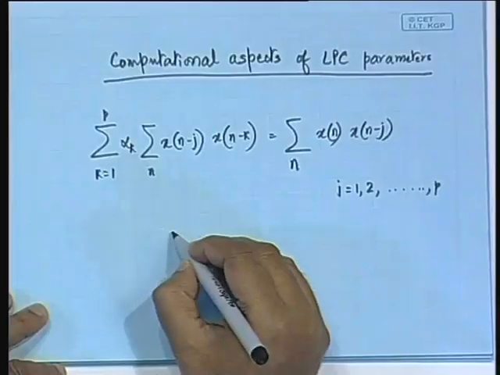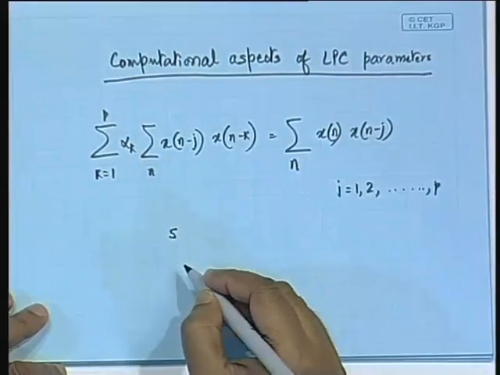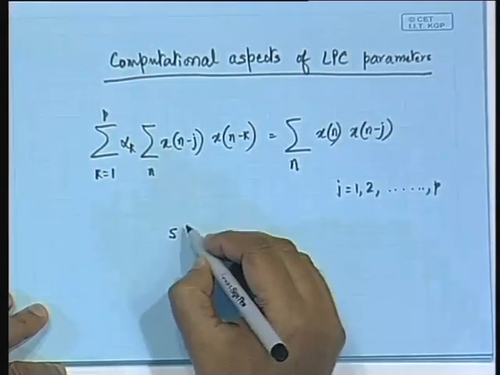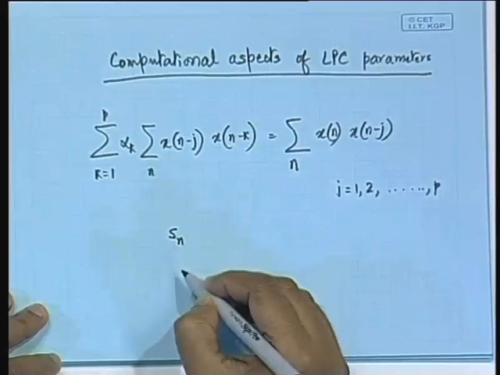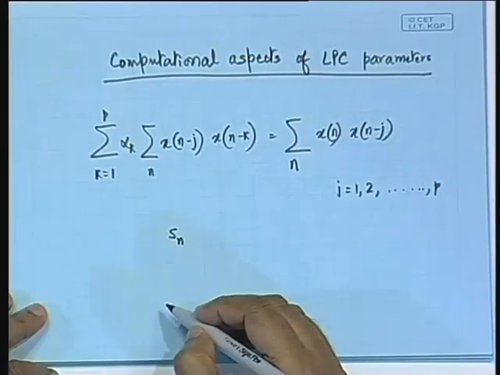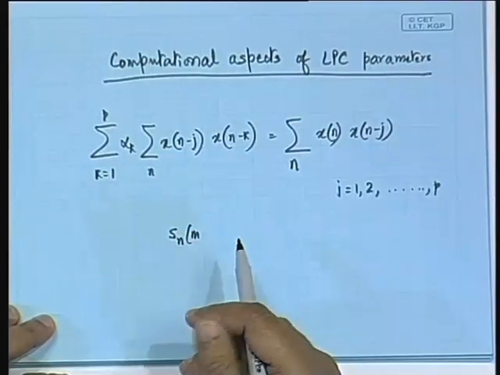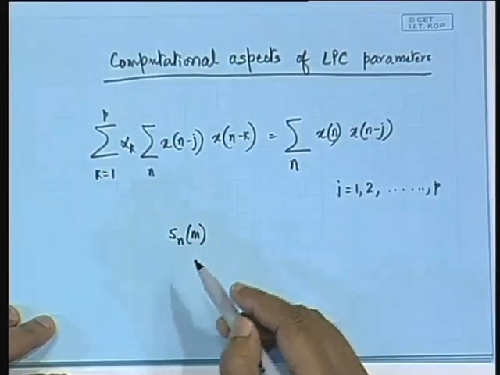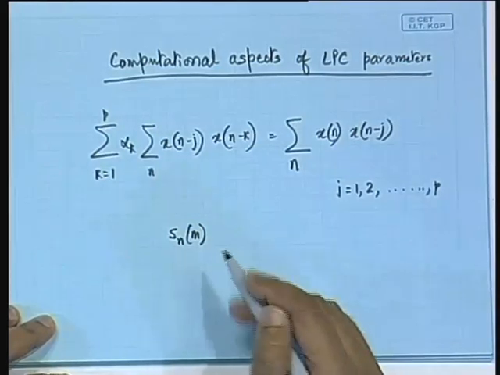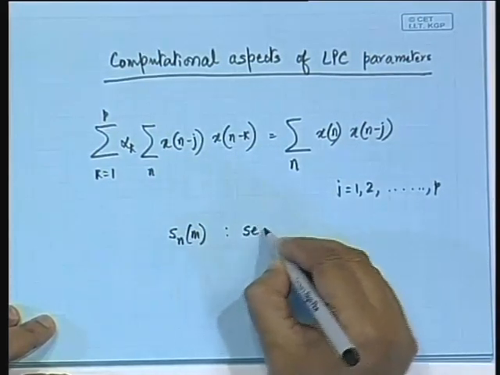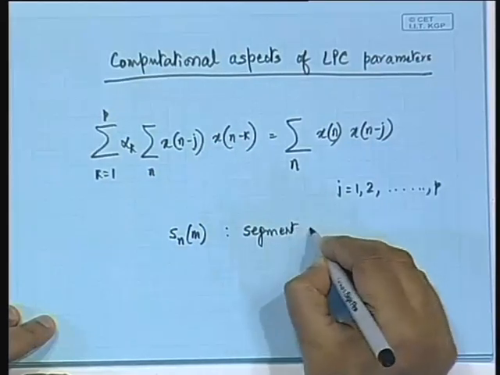A segment of speech we will denote by s suffix n, where n refers to the point from which the segment starts, and the offset beyond that will be denoted by m. So s n m represents the segment of the speech.